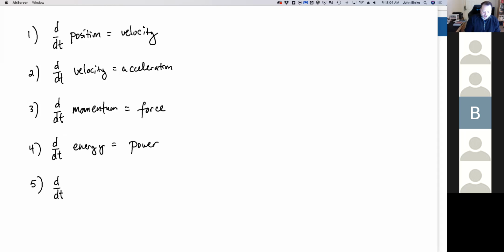If you have the derivative of charge, you get current. In other words, moving charge is current.